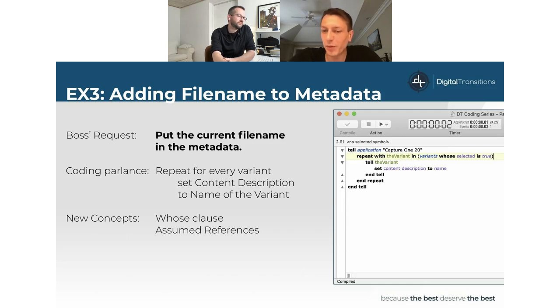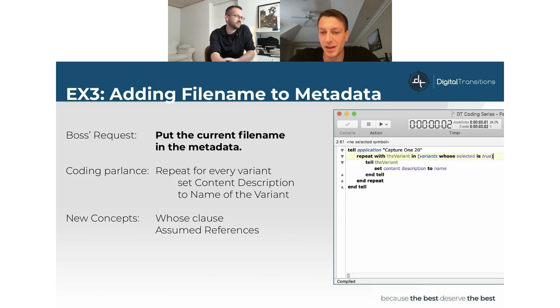The new concepts here were really the whose clause. Again, that is called a filtered reference. There's a whole lot of filtered references, and it's a really powerful way to unpack the power of AppleScripting for Capture One. And we also learned about assumed references. That is, in the object model, occasionally you can skip one of those layers, and it will assume you mean a specific instance of the above layer.